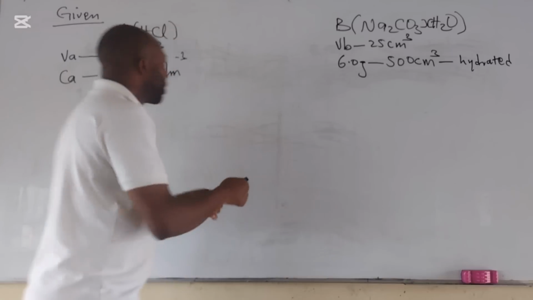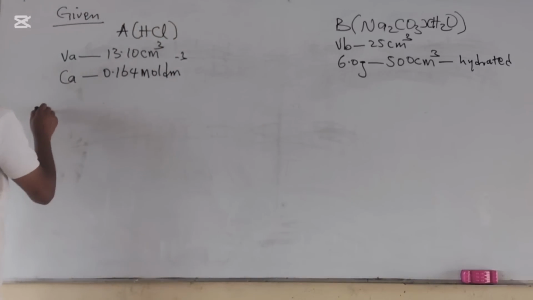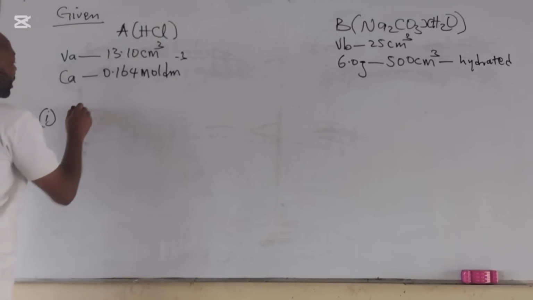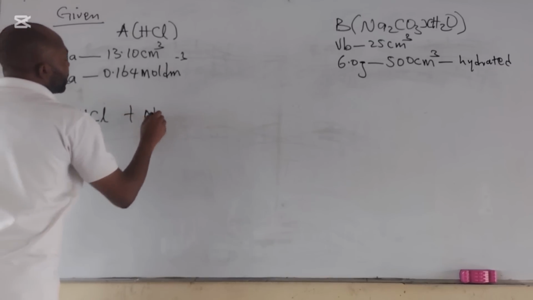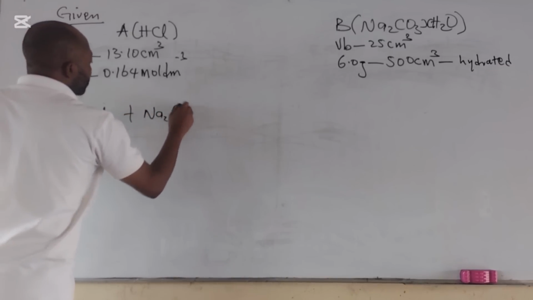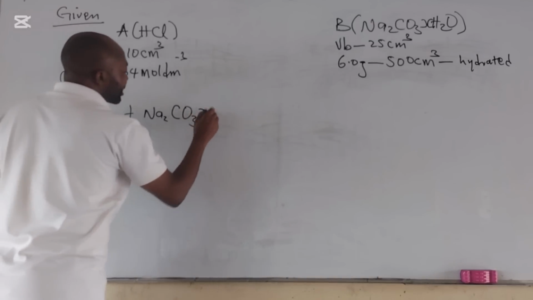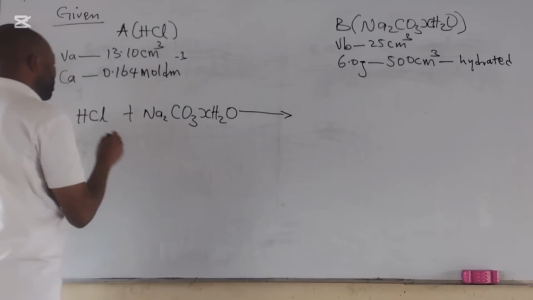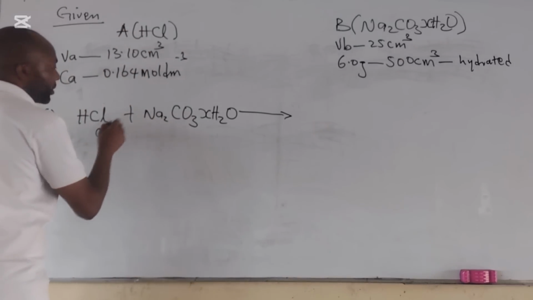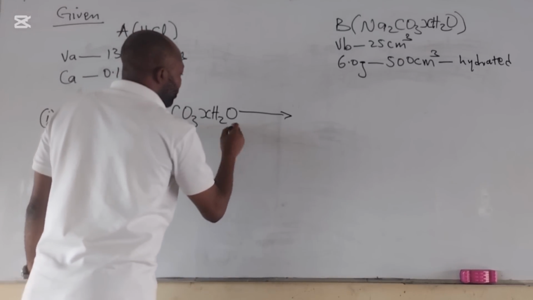That is number 1. So I can say, for my equation of reaction, it is HCl plus disodium trioxocarbonate(IV) X hydrate. They are all in aqueous form, even if I didn't put that, you should know.